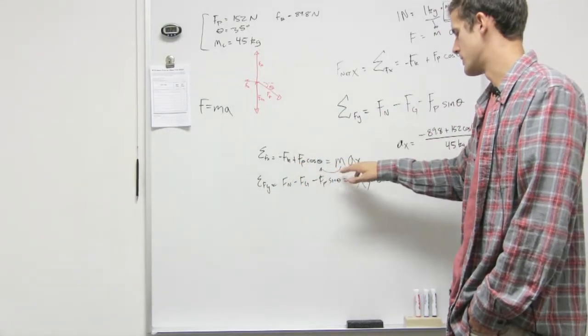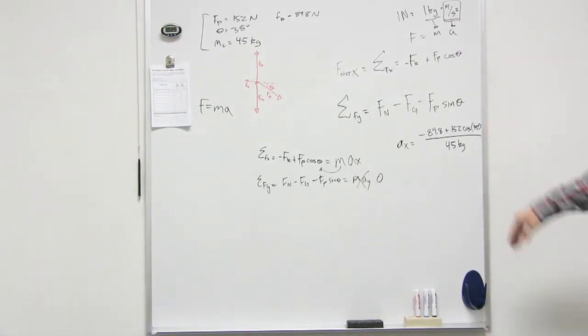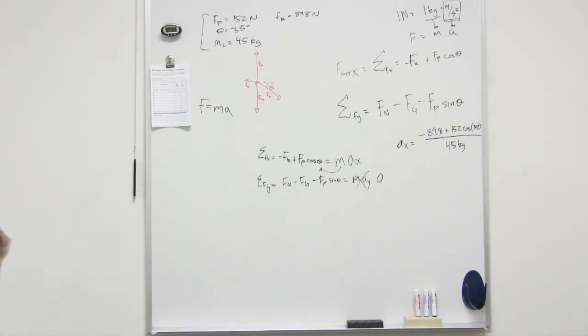We know that net force will be equal to our mass times acceleration, so then we just divide by our mass to equal this. 3.77136.